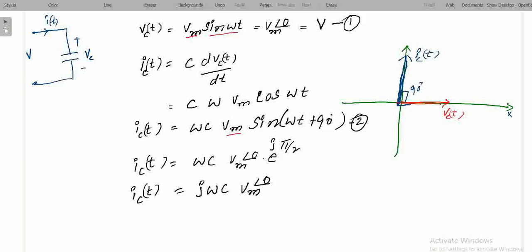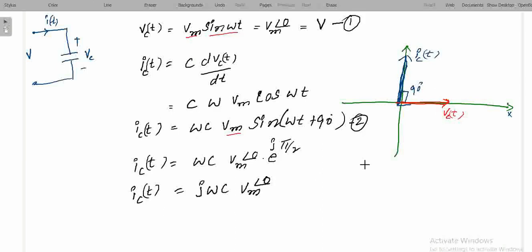So from this we can conclude that for a capacitor, always current leads the voltage by 90 degrees, or voltage lags the current by 90 degrees.